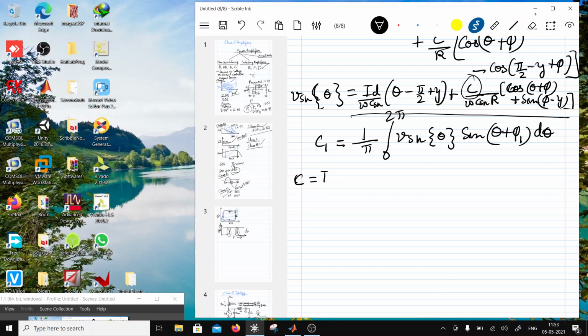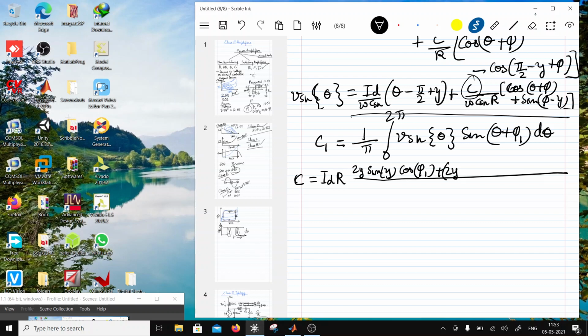C is going to be equal to Id times R times something over here, which I'm going to write as twice of y. You can derive it. I have derived it a number of times. Sine of y cos of phi 1, cos of phi 1 plus twice of y.